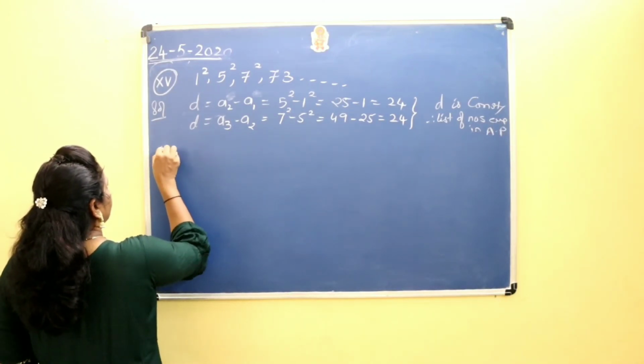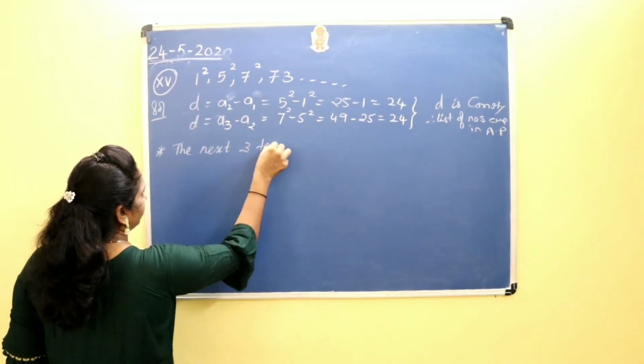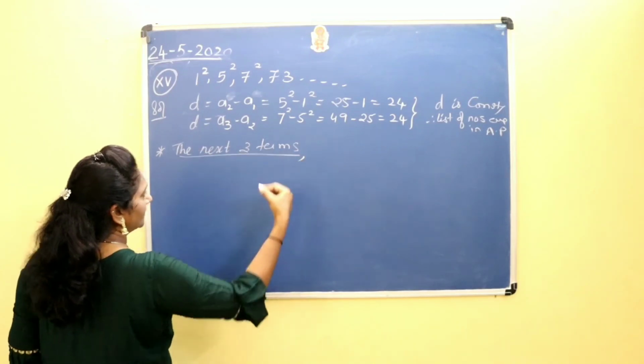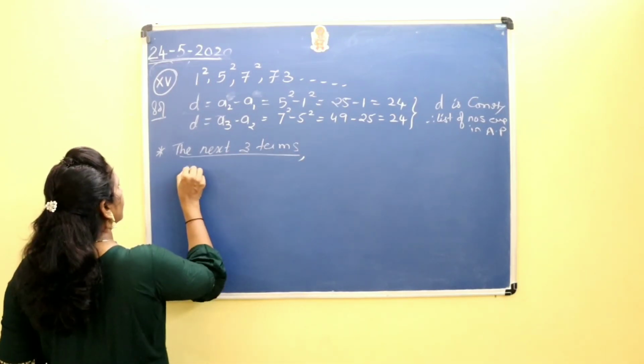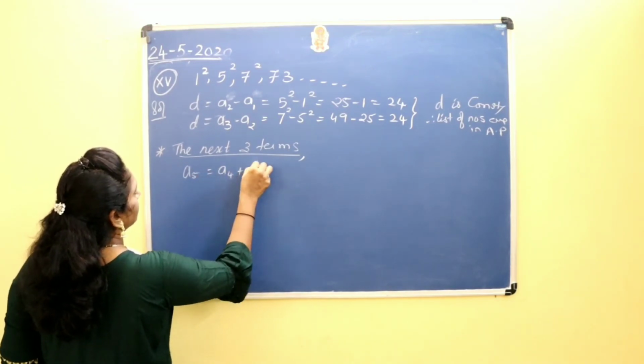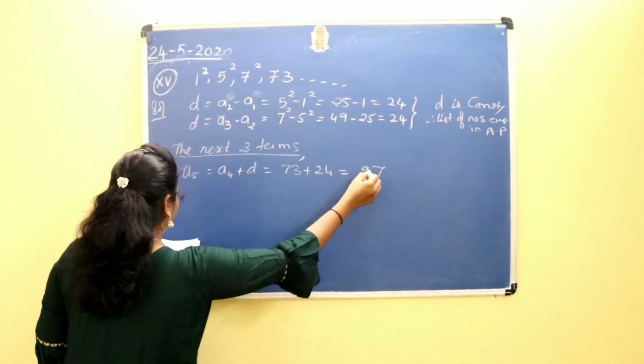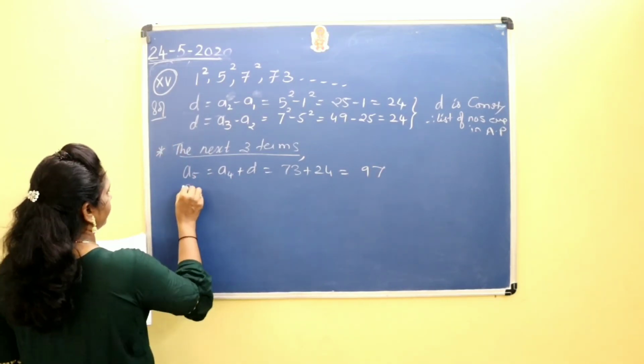If the given list of numbers are in arithmetic progression, then we have to find the next three terms. So A5 equal to A4 plus D, 73 plus 24, it's 97.